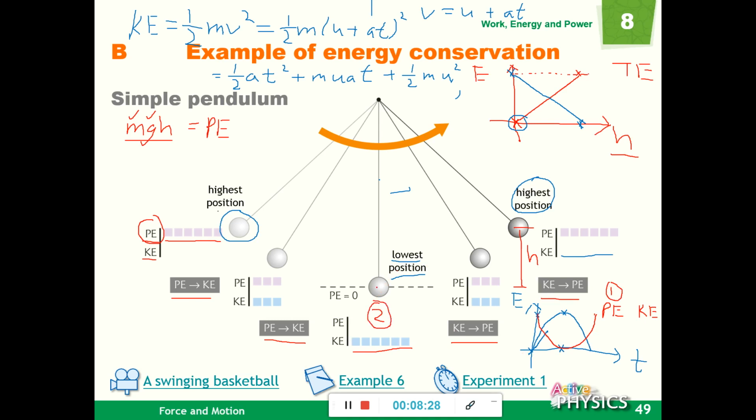At the lowest position, you can push it a little bit to make it move. Give it energy, KE, like that. Then at that time PE is 0. KE will be maximum. Then the white line will be KE, like that. Okay? And that's all for this part.